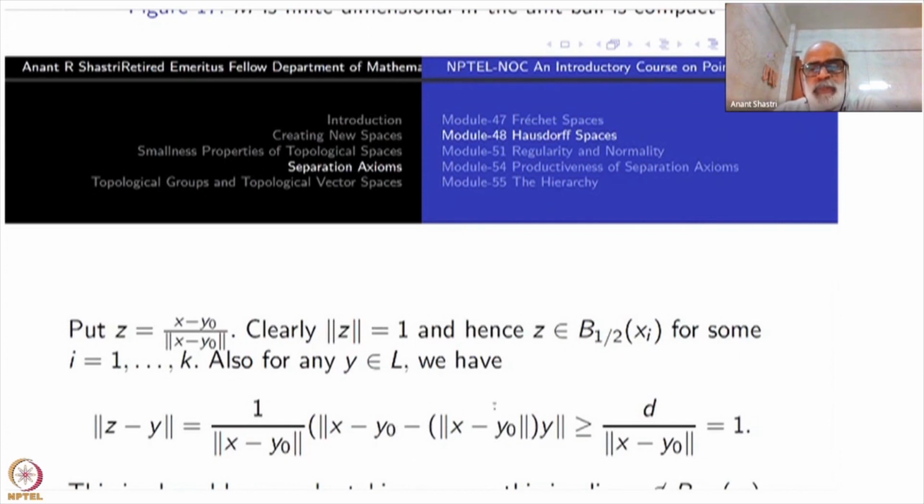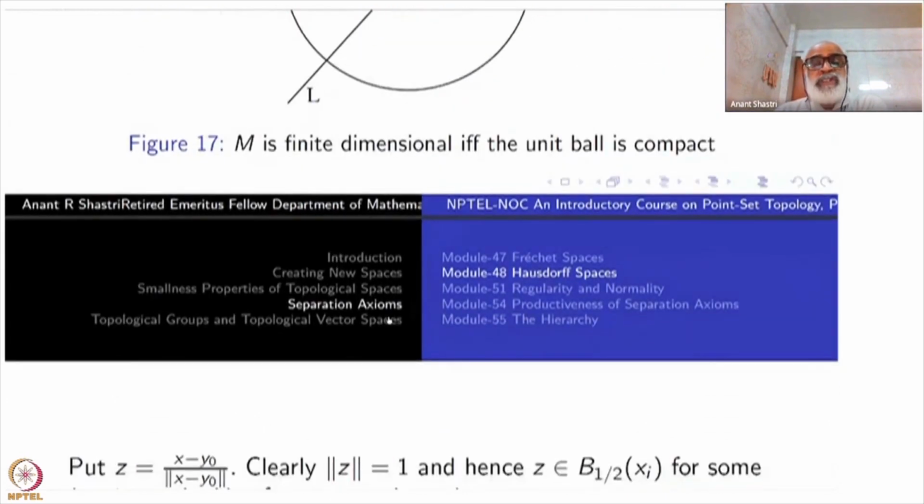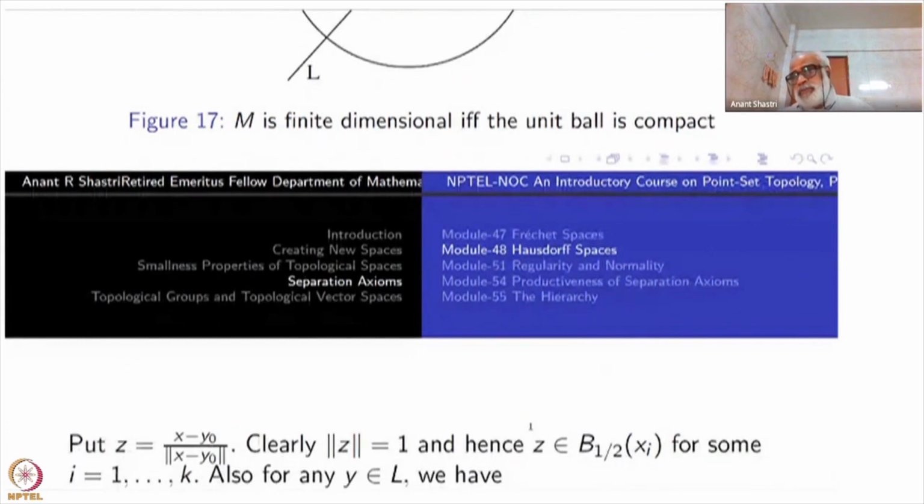Y naught as well as y are inside L, so this whole thing is an element of L. Therefore, this norm of x minus that element must be bigger than or equal to d. Then dividing by the denominator, we get d divided by the norm of x minus y naught, which equals 1, because d is nothing but the norm of x minus y naught, the distance between x and y naught.